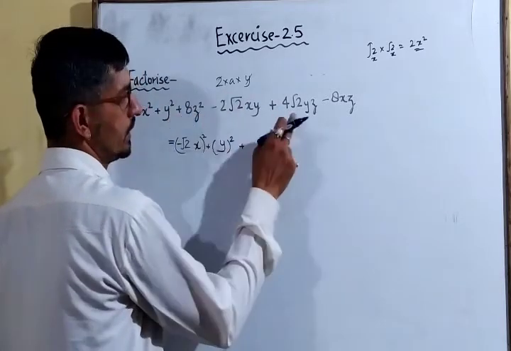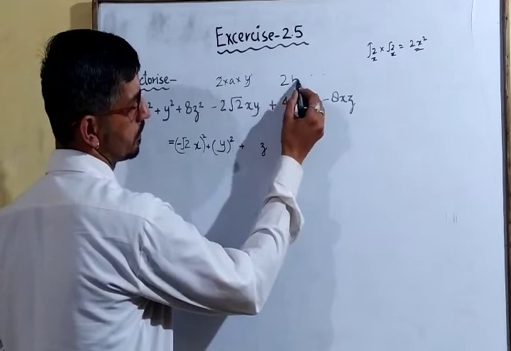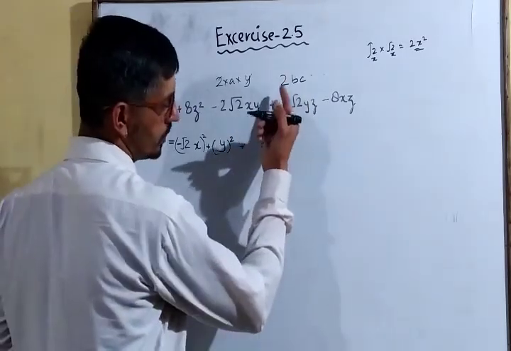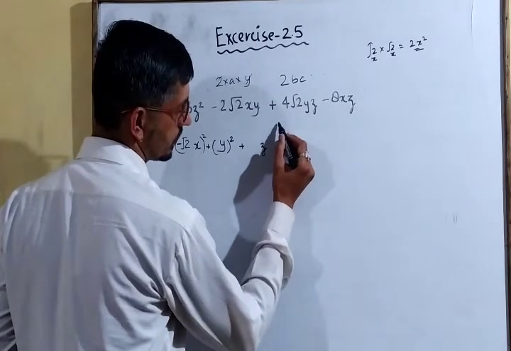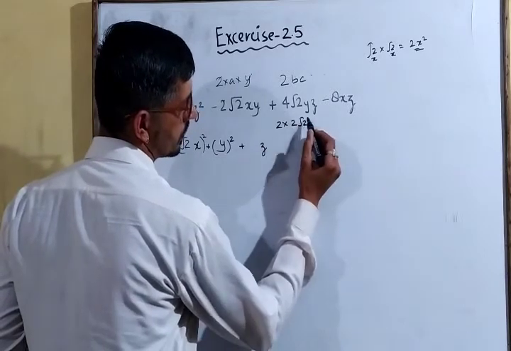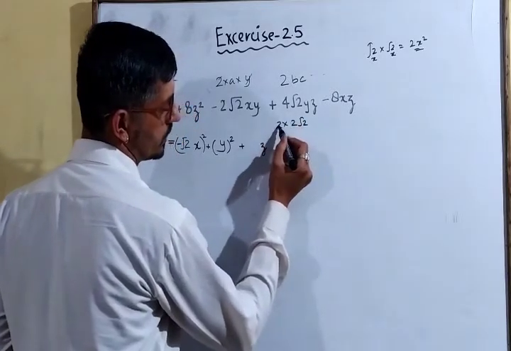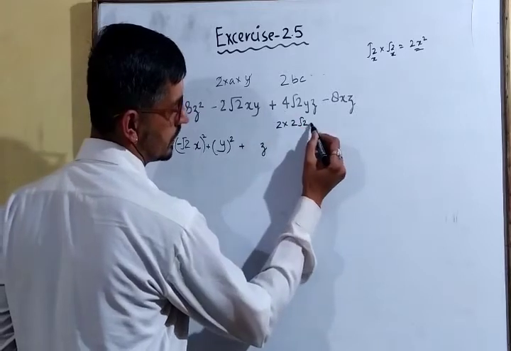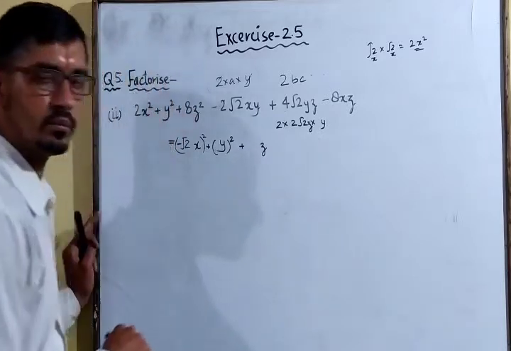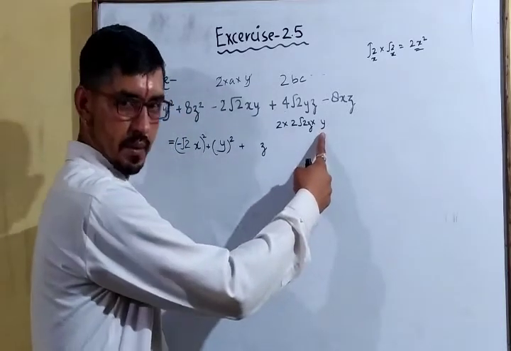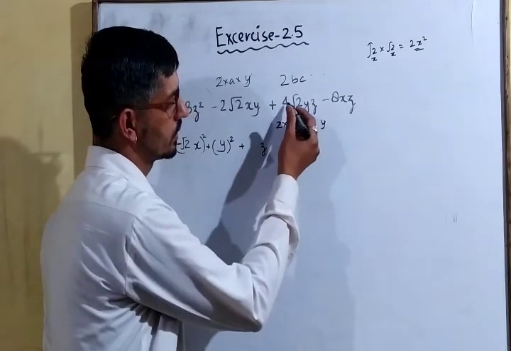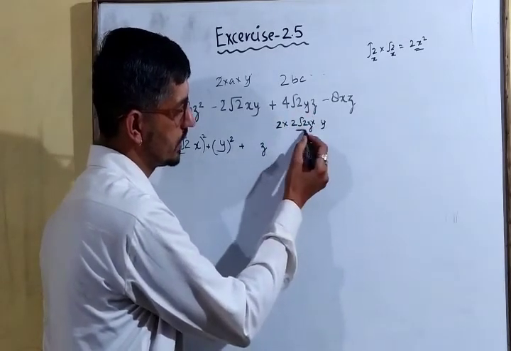Okay, because it is 2BC. Okay, we have B, we have 2. So let's break this. So it will become 2 into 2 root 2. Taking 2 common, 2 twos are 4, 2 twos are 4, 2 is common. y and z. y was already b with us. So y can be cancelled out with this y, 2 cancel 2 and this is our c.